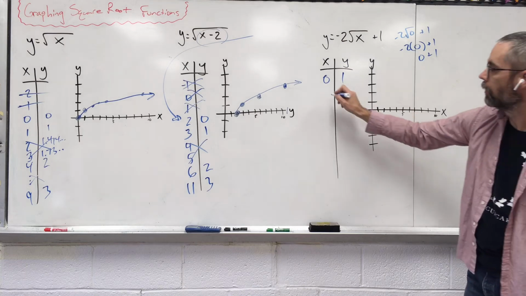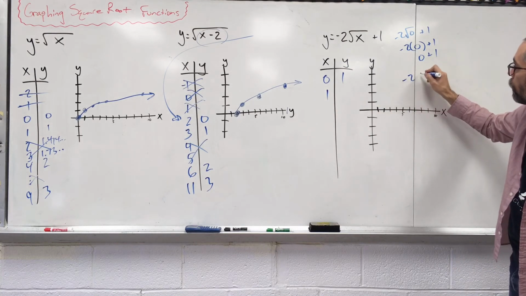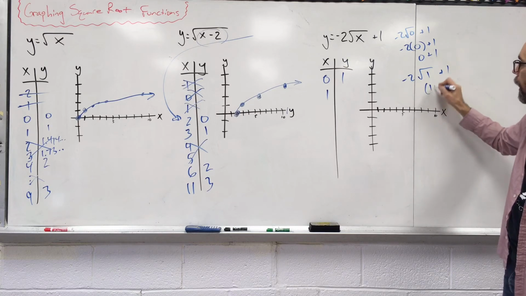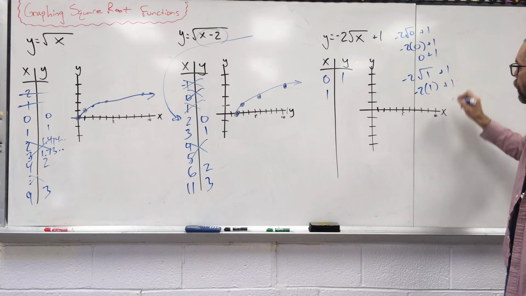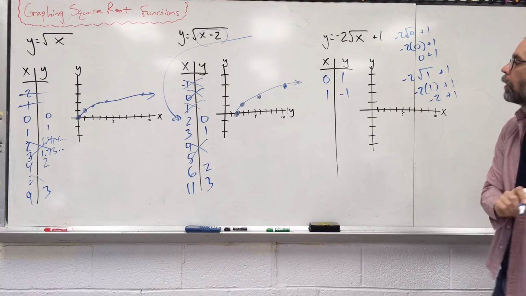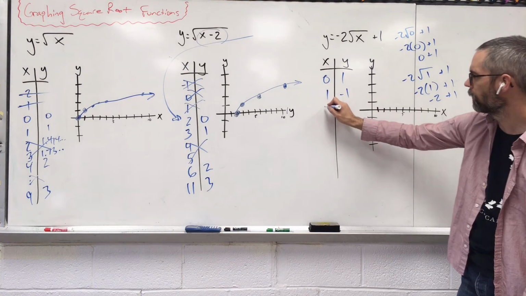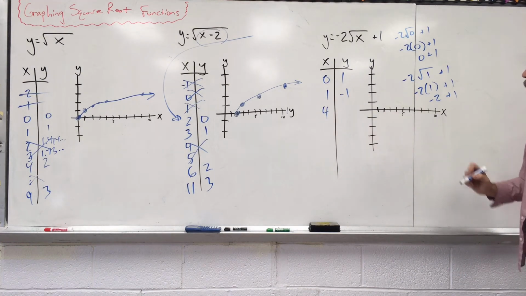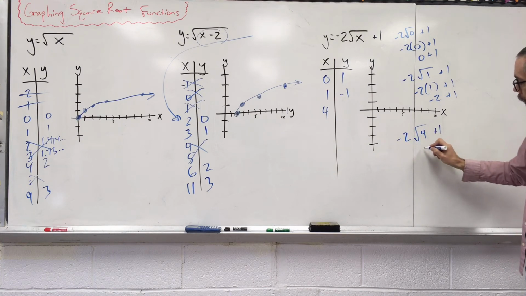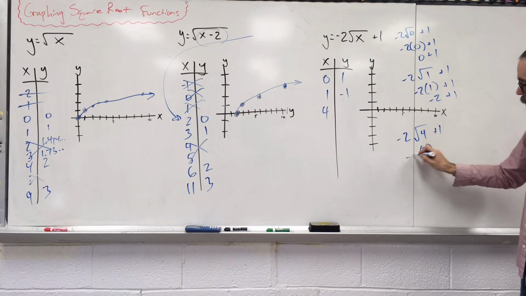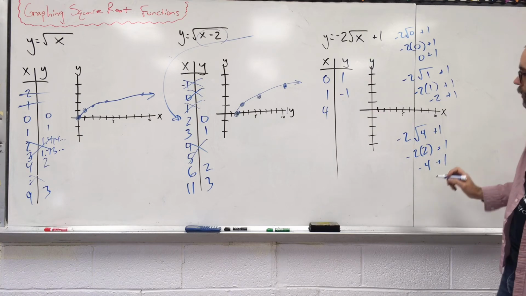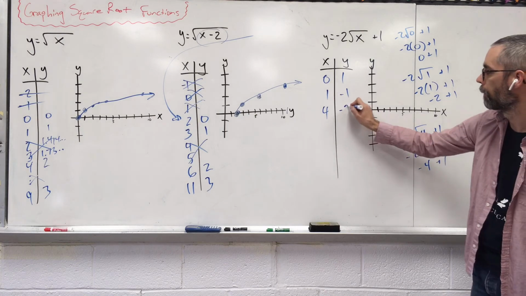Let's do it again with a 1. -2 times the square root of 1 plus 1. Square root of 1 is 1. I want to multiply that by a -2, giving me a -2 plus a 1, giving us -1. Next one was a 4. -2 times the square root of 4 plus 1. Square root of 4 gives you 2. Let's multiply that by -2, giving us -4 plus 1, which is -3.